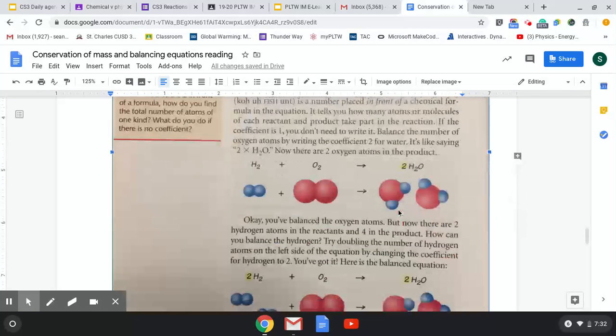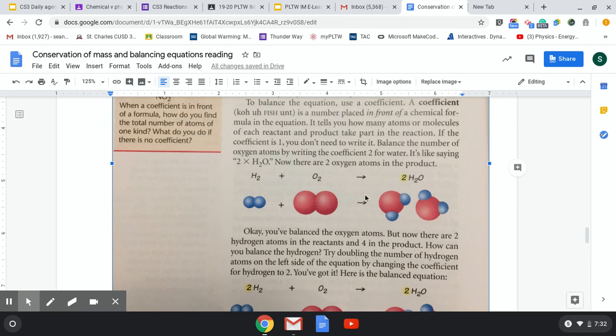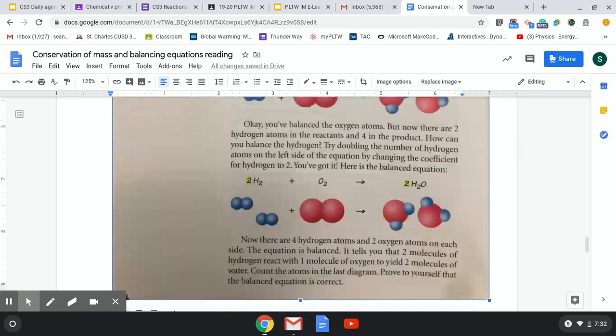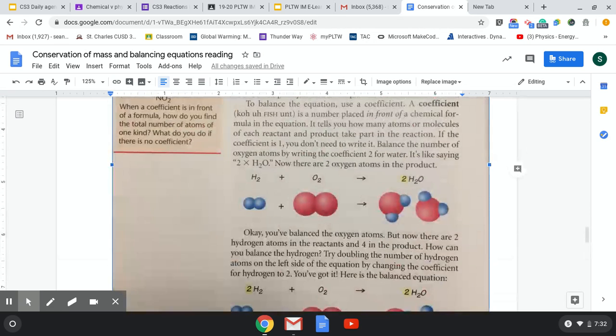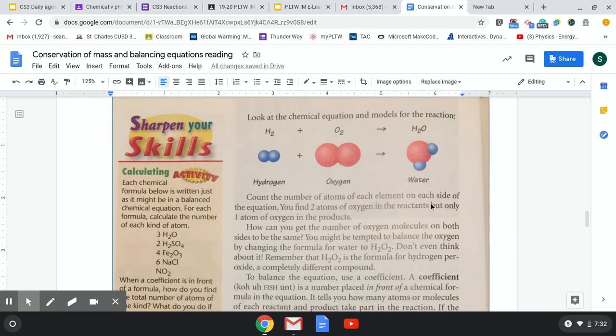And then I would also add that we have a total number of atoms on the reactant side equals the total number on the product side. And I'll give you more as we go tomorrow in the notes on balancing chemical equations, and also with carrying out some balancing equations.